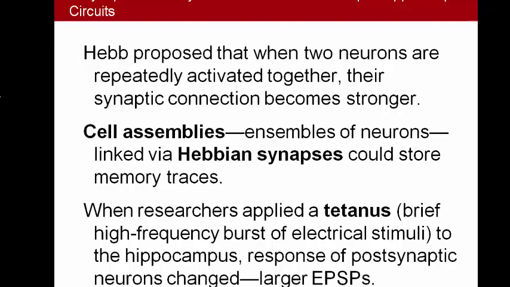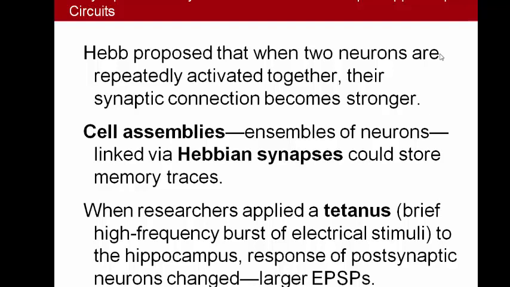So Hebb proposed that when two neurons are activated together, their synaptic connection becomes stronger. Essentially what he's saying is that the neurons that fire together wire together. So if you have some type of experience that causes these two neurons to be activated at the same time, then their connections will become stronger and stronger.